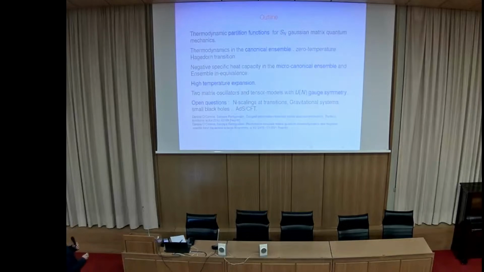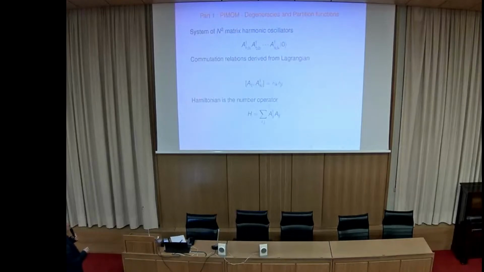So that's your motivation for studying what these partition functions look like. In the next part, we'll talk about these partition functions in the S_N case, the thermodynamics in the canonical and microcanonical ensembles, and how negative specific heat capacity arises, and other things depending on time.